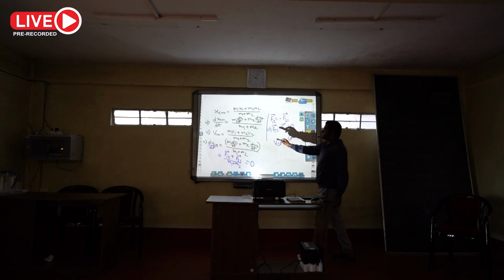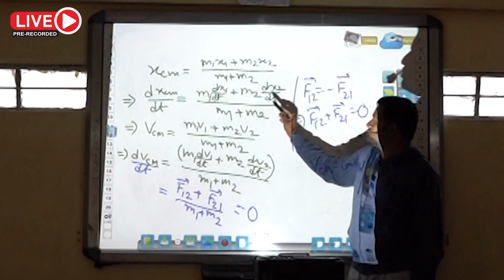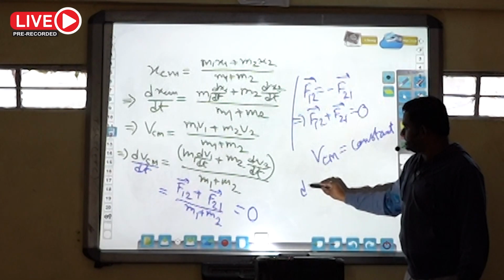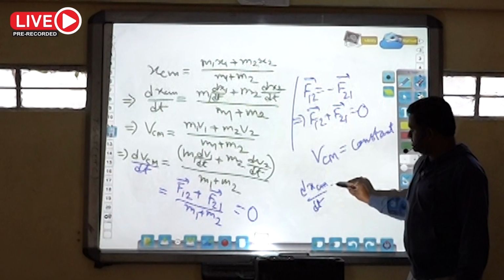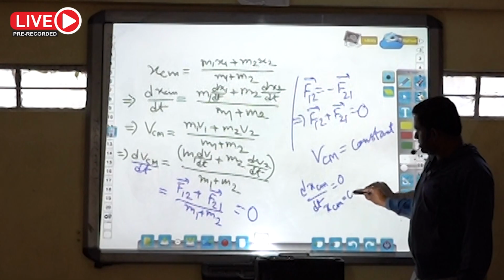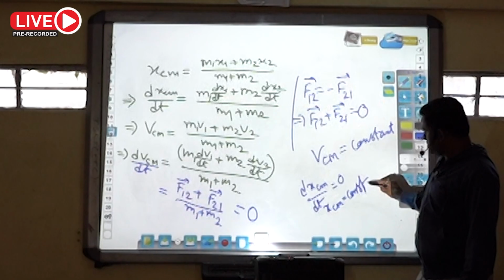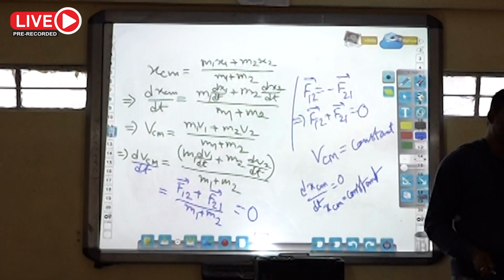So the sum of these two momenta should be 0. It shows that d(xcm)/dt is 0, so what is the change in xcm? 0.